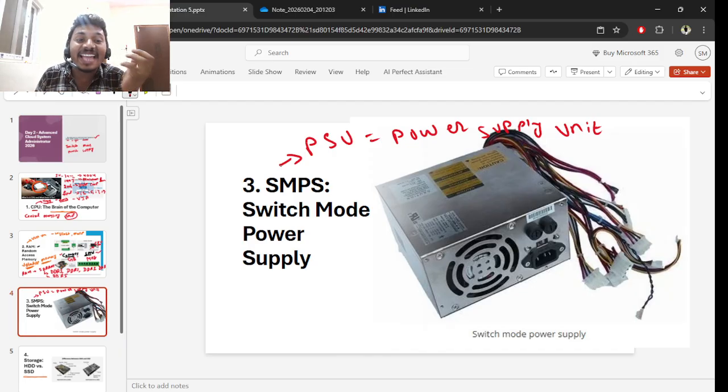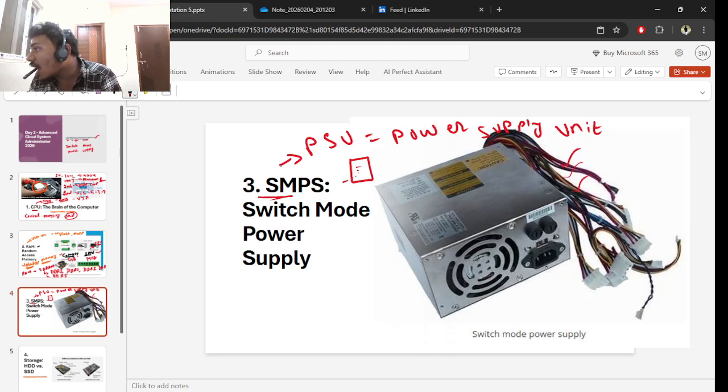See, this SMPS is the component that provides power to the motherboard. The main functionality of this SMPS, if you look at it, this is the SMPS. You can see multiple wires in different colors, like red, yellow, orange, blue, green, and black.